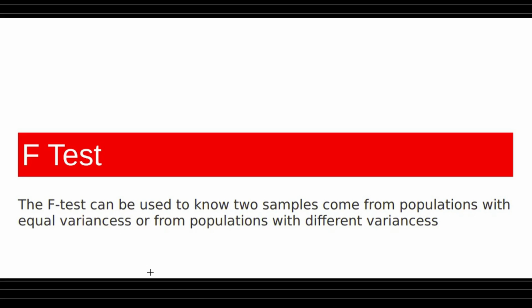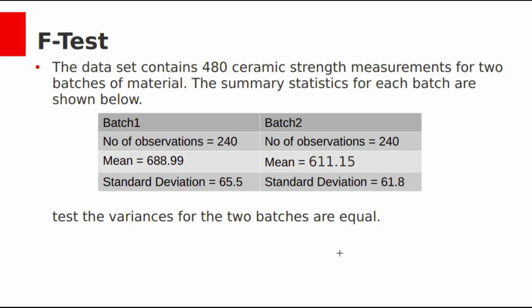F test can be used to check whether two samples come from populations with equal variances or from populations with different variances. Let us see one example. The dataset contains 480 ceramic strength measurements for two batches of materials. The summary statistics for each batch are shown here.